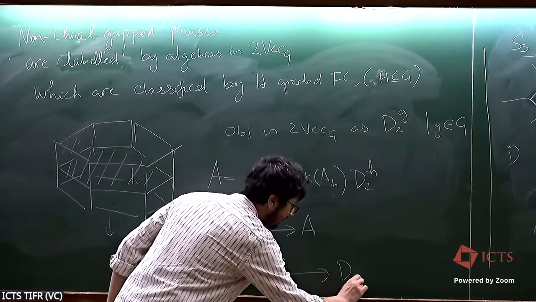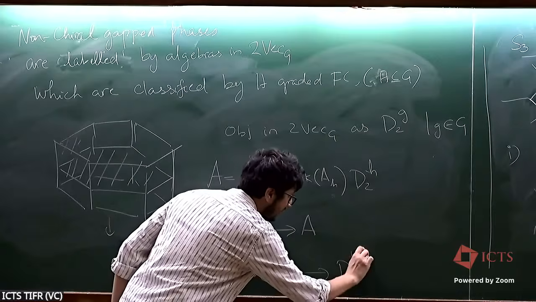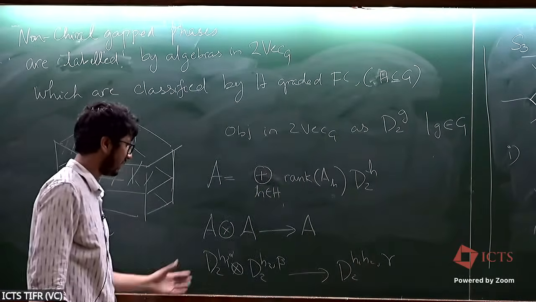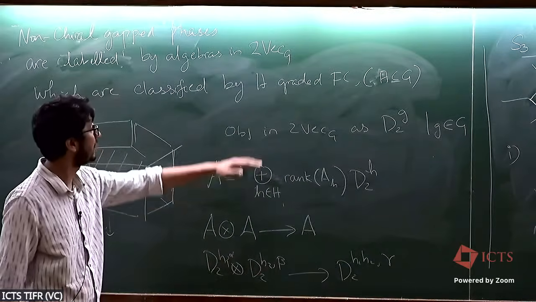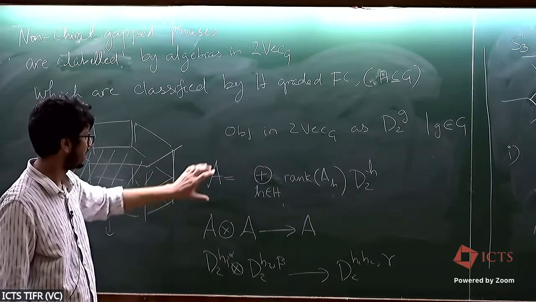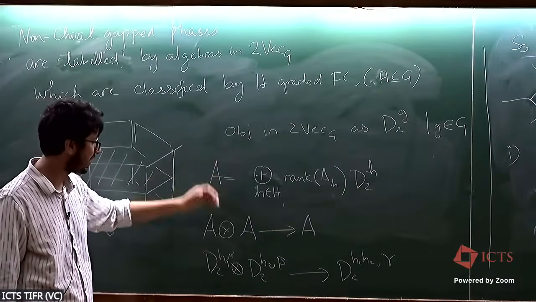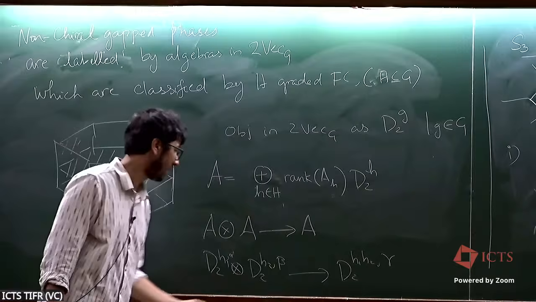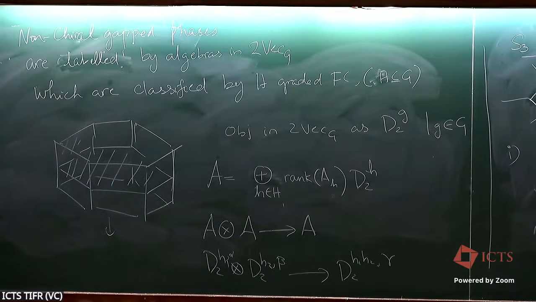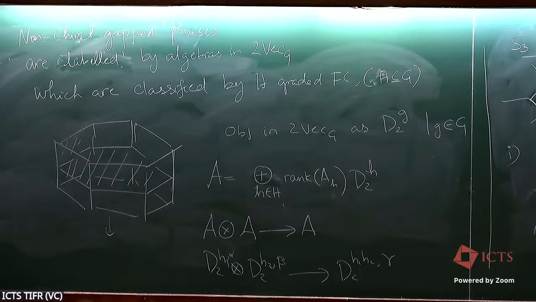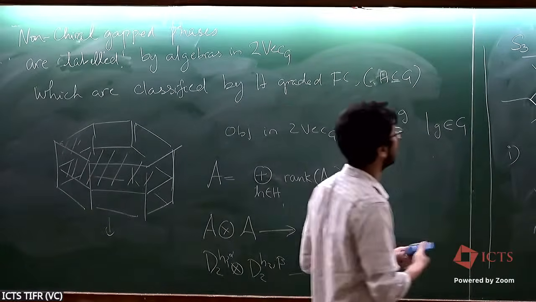And this goes to D2 h1h2 gamma. And these one-morphisms are completely specified by this algebra A. So you can look at this and construct this algebra, this structure of surfaces. And also there are two-morphisms.